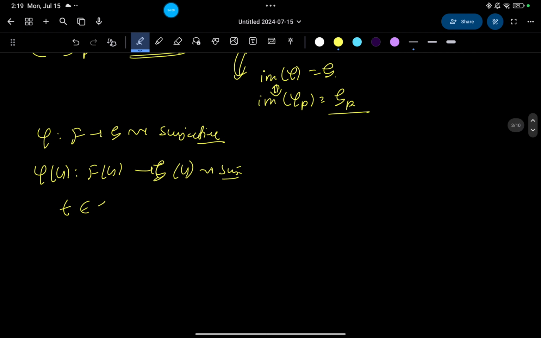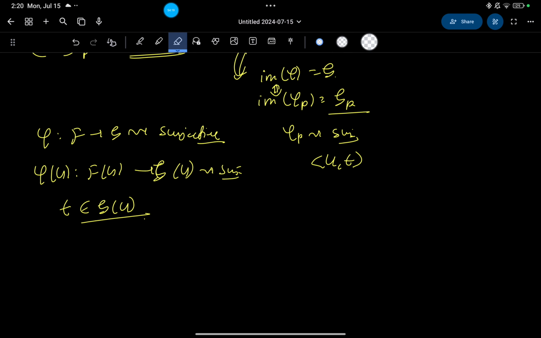So for example, let's consider t belongs to g of u. So phi surjective means phi p is surjective. So that means (u, t) has a pre-image. So (u, t) belongs to gp basically. So this must have a pre-image.